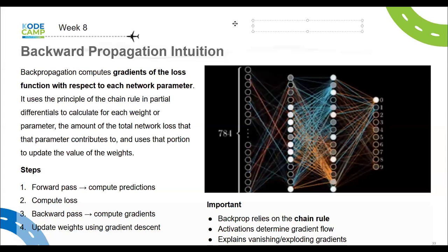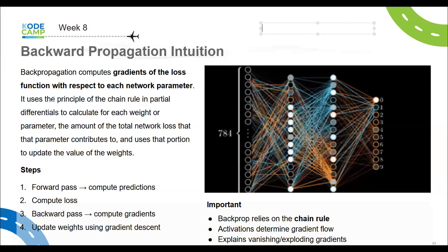The chain rule is saying you can actually break up a relationship into chains, you can chain it. Let's assume that we have an output here, and this output is the y hat, or let's just call it y.